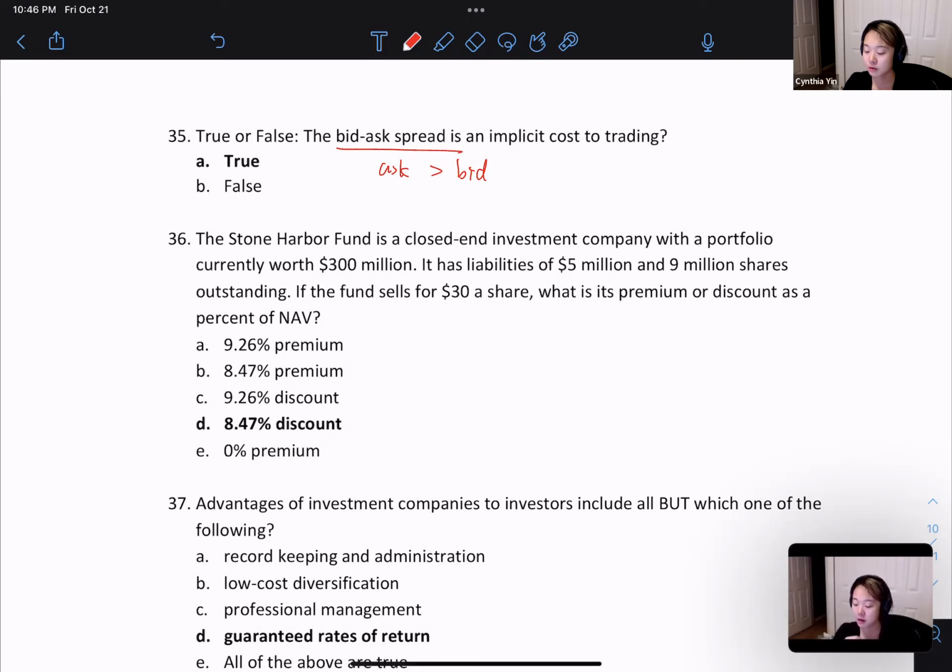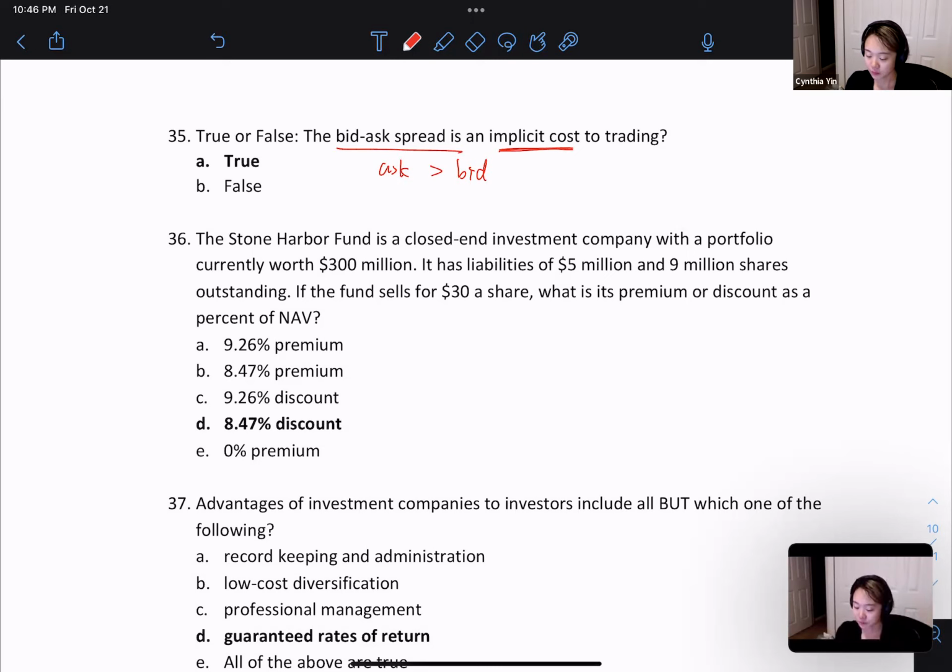The part that you're losing is the bid-ask spread, and it's the implicit cost to trading. Think of it as profits that the dealer is trying to make. They offer the bid and ask prices so they can make some price gap and get profits by trading with other people.